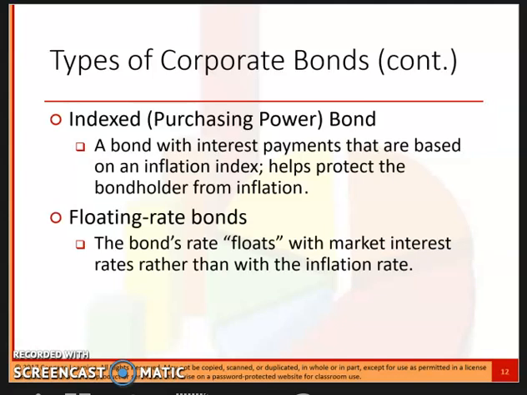Floating rate bonds: the bond rate floats with market interest rates rather than with the inflation rate. Typically the value of those bonds does not fluctuate very much because for the most part, they trade at par. The interest rate floats, and the changes in interest rates are what affect the valuation of bonds.